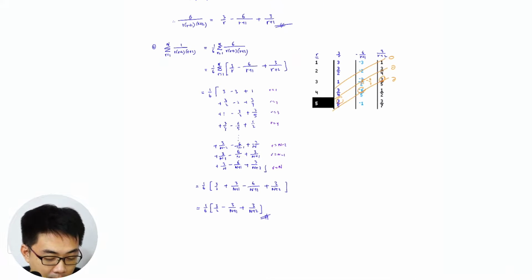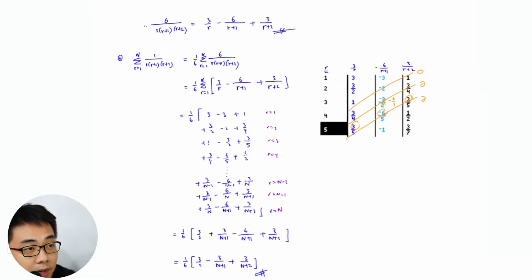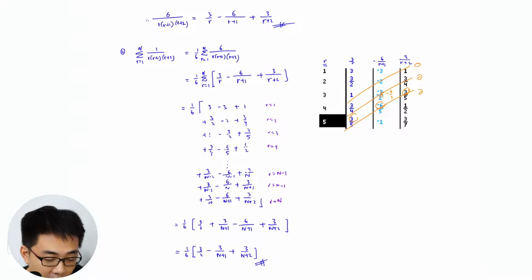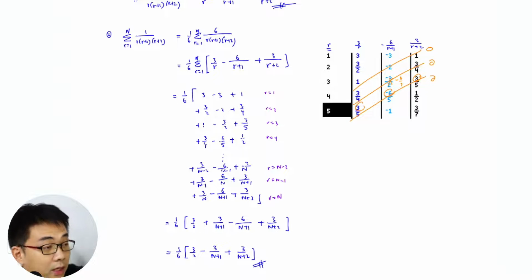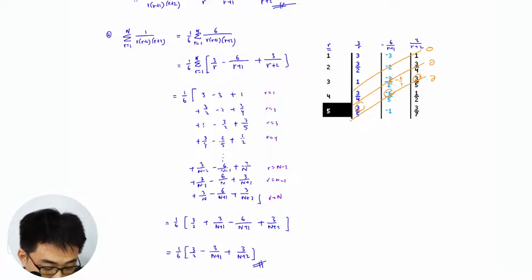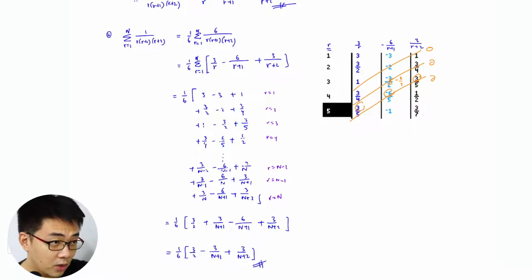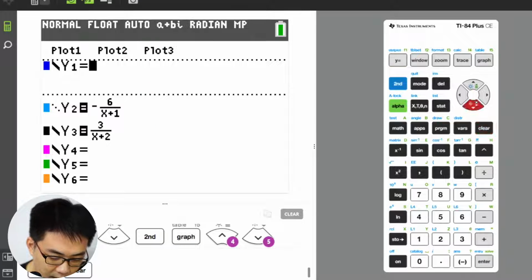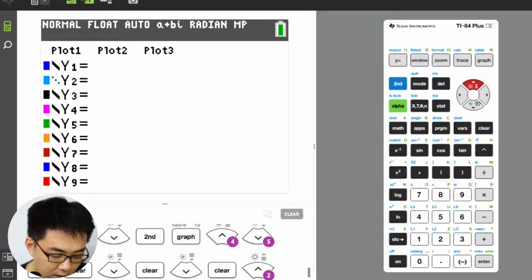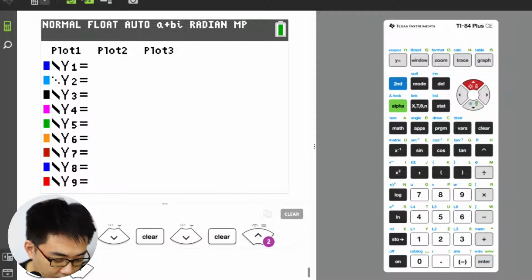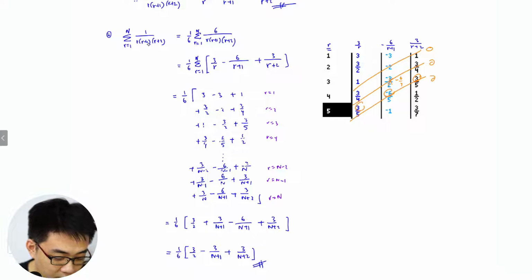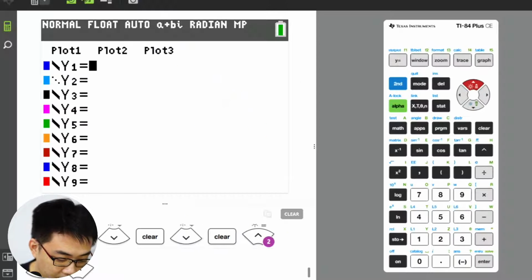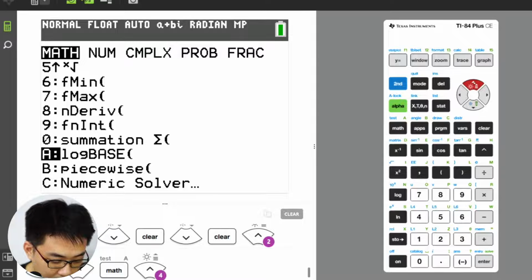Okay. How do I check whether my answer is correct in the exam? So say now I don't have the answer. How can I check my answer is correct? In the exam, if you want to check your answer, once you cancel everything, you key into the calculator. You key in your answer in one and key in the other one, the summation, the question, in one. So this is r plus 1, r plus 2, from 1 to n. So you just press math, then go to summation.